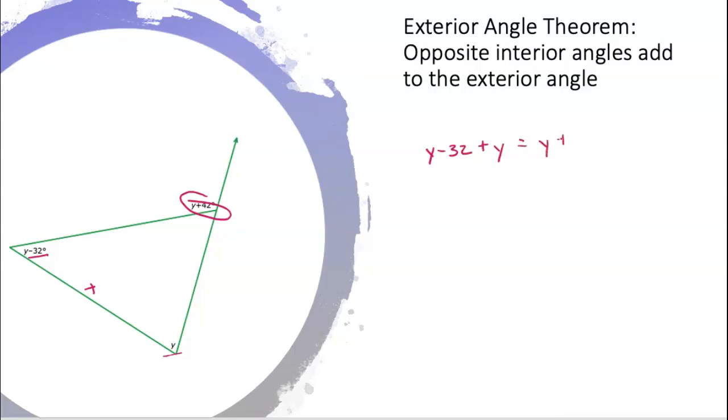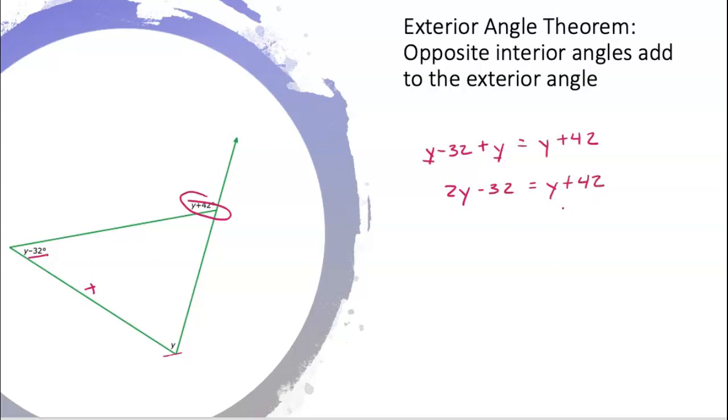That's y plus 42. First things first, I'm going to look left, and well, that's kind of messy. See, I've got this y and this y. I'm going to put those together. So I'm saying, well, that's 2y, and I still have negative 32. So 2y minus 32 equals y plus 42.